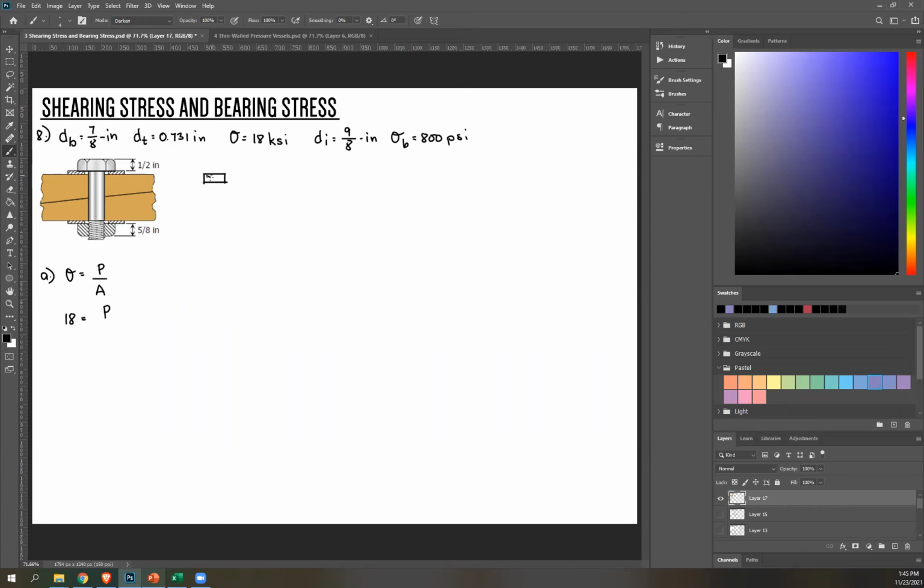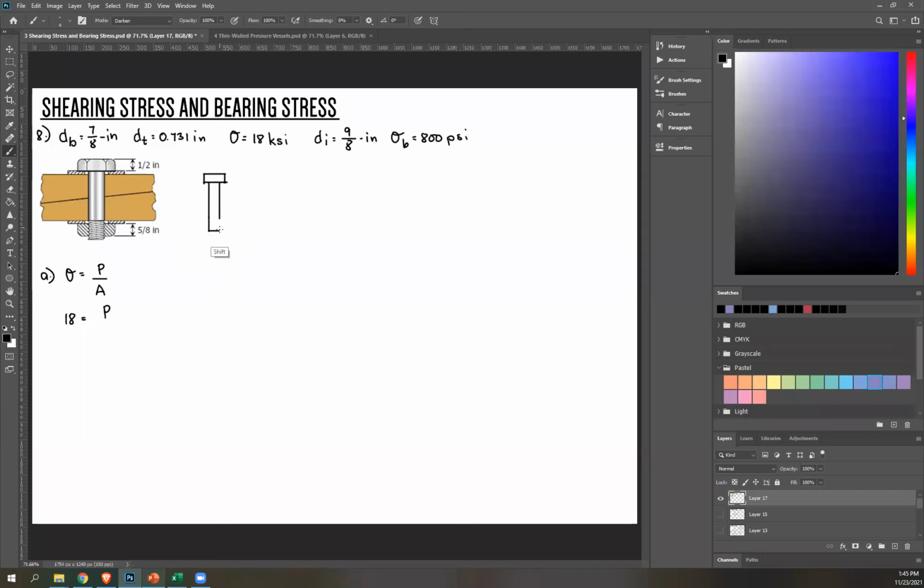This is your bolt, okay, the head, and then you have your thread here. Now, as mentioned, this is going through tensile stress. So this is what that looks like.